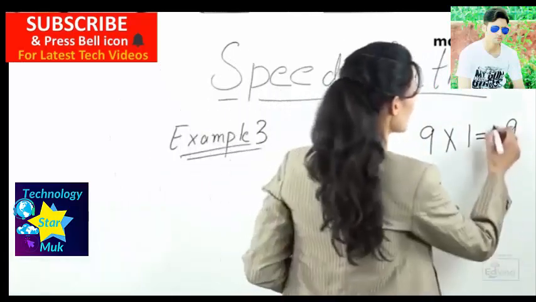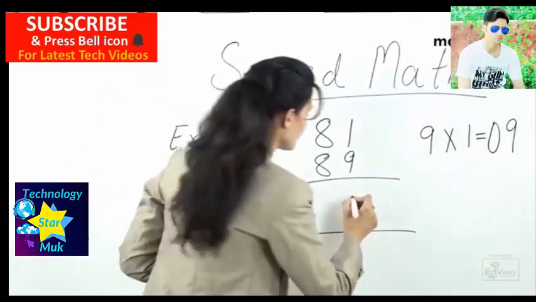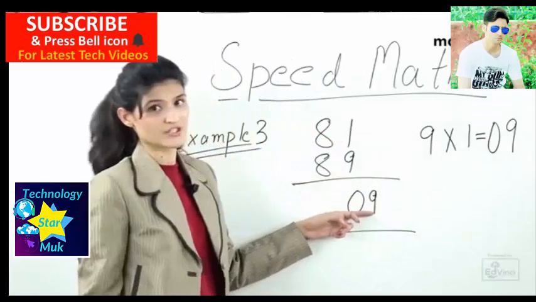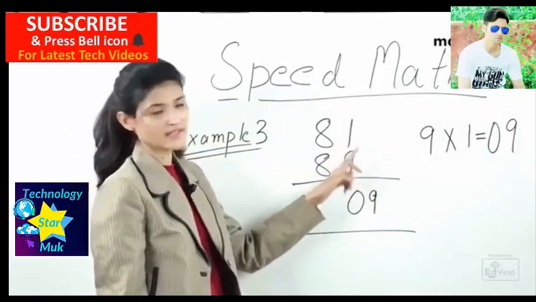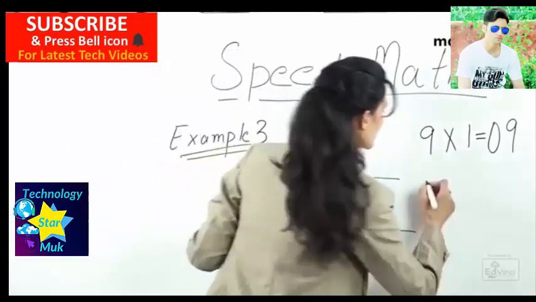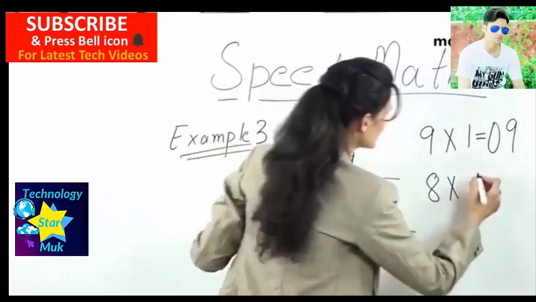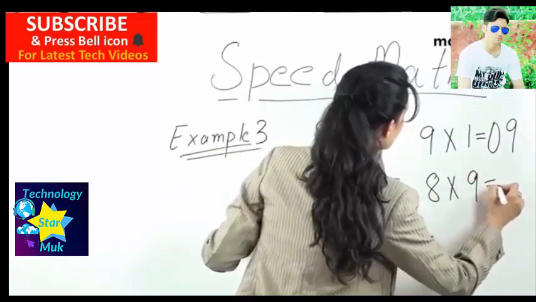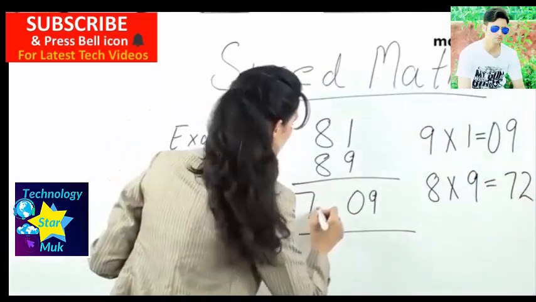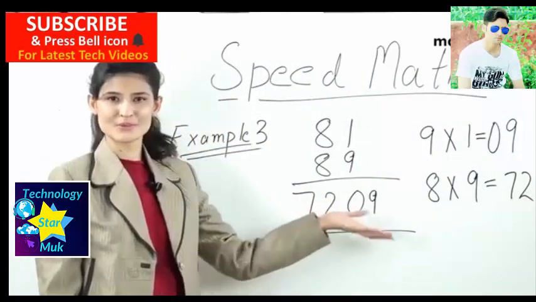In that case, we should always add a 0 when we put it here, because we should have the last two digits of our answer. The next step, step number 2, is multiplying 8 followed by the next integer, which is 9, and the answer is 72. We'll put it here. So here's our answer, 7209.